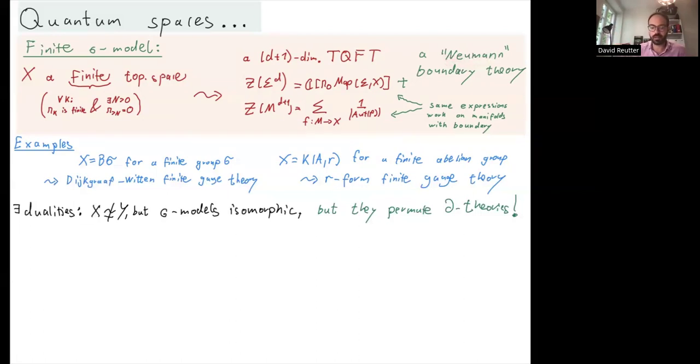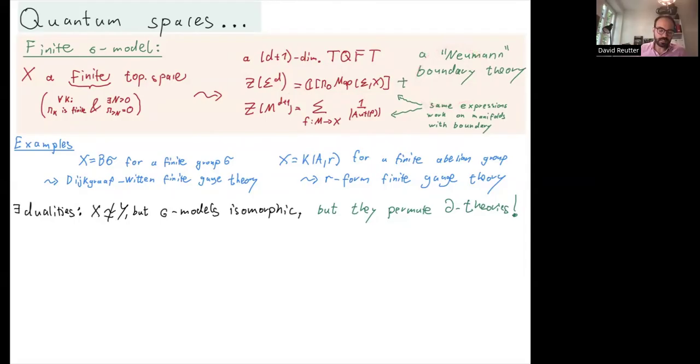But since we talk about topological quantum field theories, there are no derivatives, so you just leave the boundary condition open, and that's what happens here. You just use maps from sigma to X, no restriction on the maps at all, what they do on the boundary, nothing. So this is the Neumann condition in a topological world. And this is a canonical boundary theory.